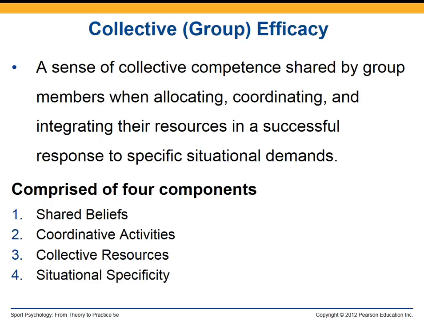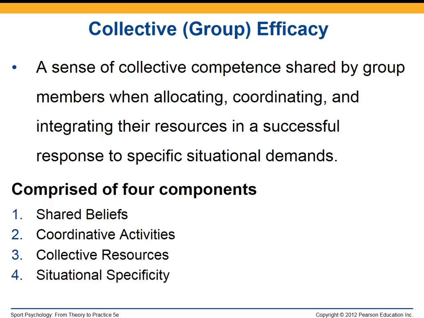Remember, self-efficacy is having confidence in your ability to complete a task. So it would make sense that collective efficacy is the ability of a group to believe in themselves in order to accomplish a task. So this is the sense of collective competence shared by group members when working within the resources that are provided to them in a successful response to specific situational demands.